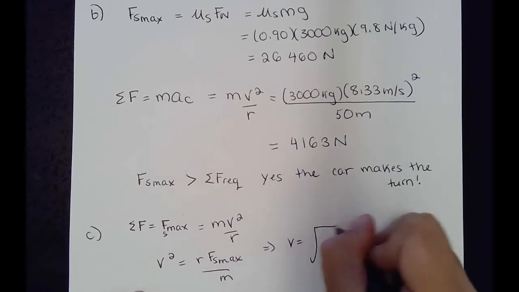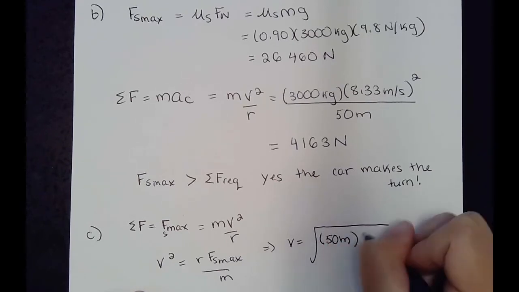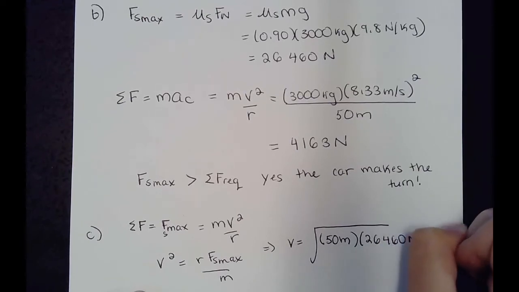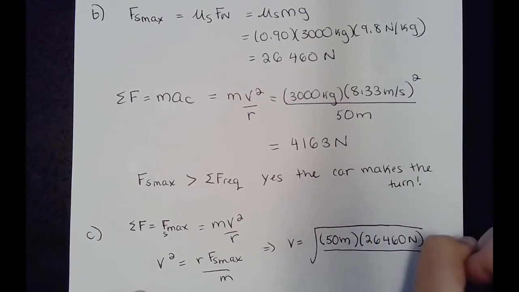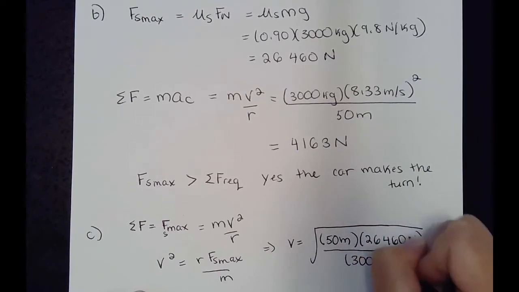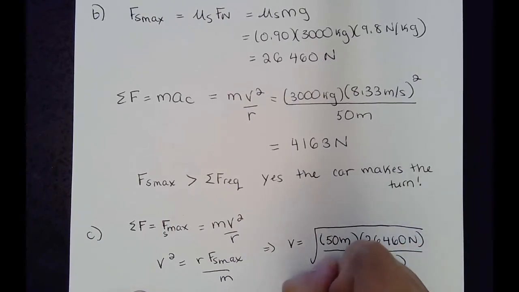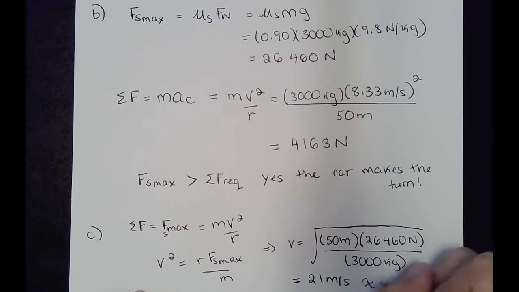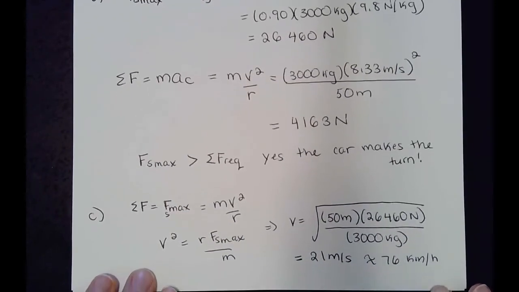So v will be the root of 50 meters times the maximum force we found, 26,460 newtons, divided by 3,000 kilograms, which gives 21 meters per second, and that's about 76 kilometers per hour. And that's the maximum speed that it could make it without slipping.